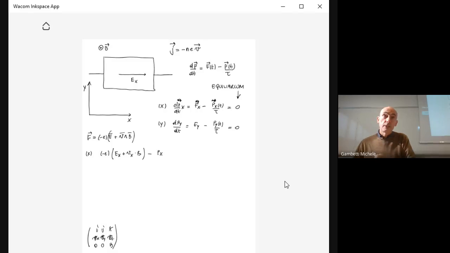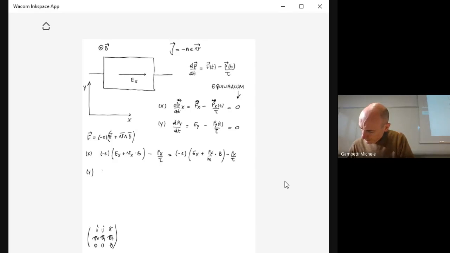Due to the fact that, again, I do not expect the current changing with time, I remove the t dependence from p. And this, just to have only p in the equations, is equal to minus e Ex plus px divided by m times B minus Px divided by the relaxation time.